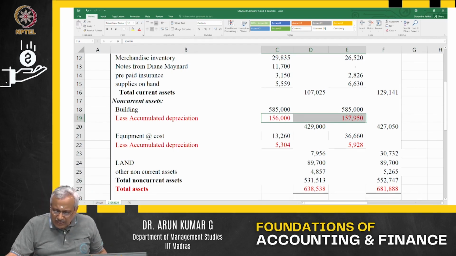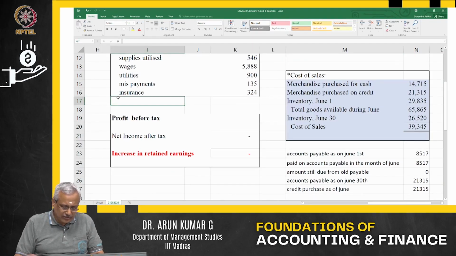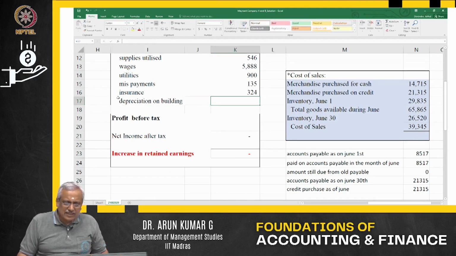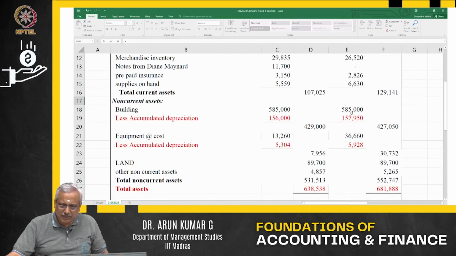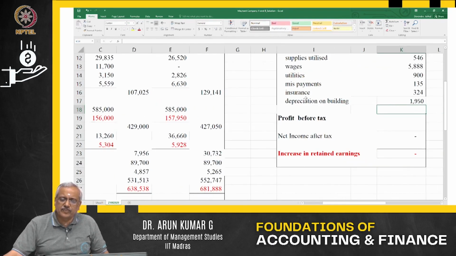So, let us look at what the depreciation is in this case. What is the depreciation on building? If you look at the month of June, depreciation on building is 157,950 minus 156,000.